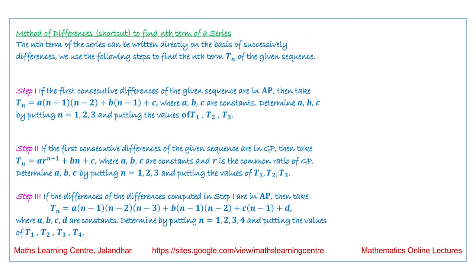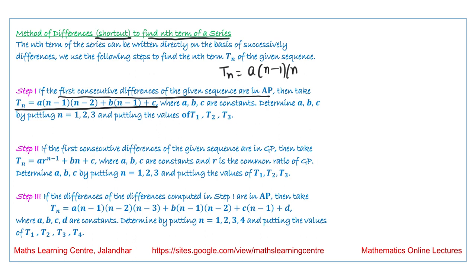Next we are going to explain the method of differences. We are talking about the shortcut method to find the nth term of the series. If the first consecutive difference of the given sequence forms an AP, then we can write Tn, the nth term, is equal to A into n minus 1 into n minus 2 plus B into n minus 1 plus C, where A, B, C are constants.